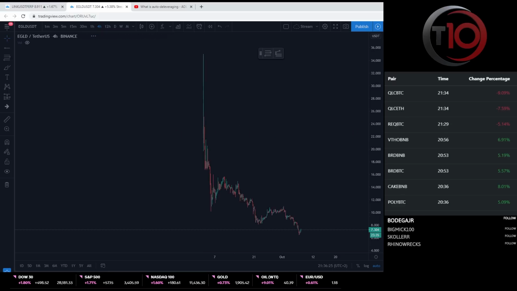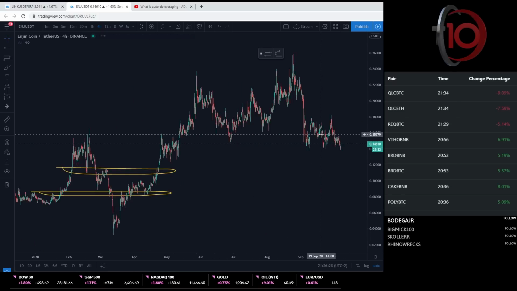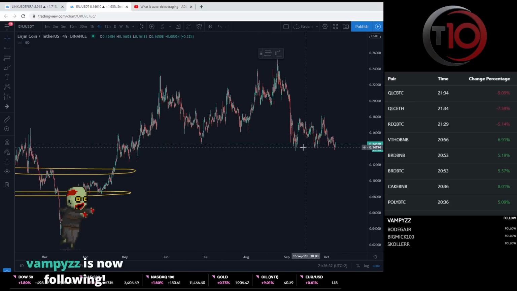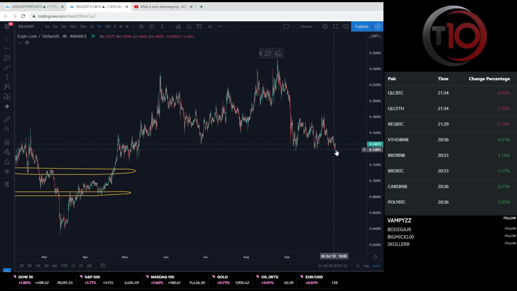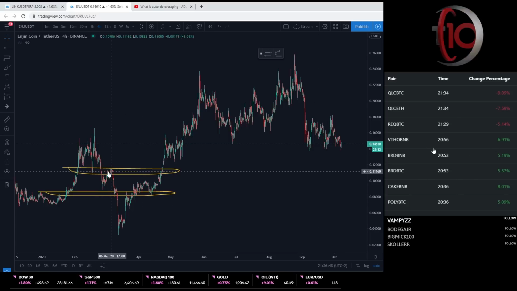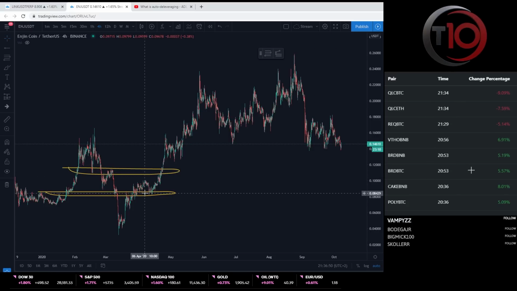ELG looks like, yeah, I think this one also needs to prove something. Just trying to hold this area. If it cannot gain quite soon now, it's probably going back to the next level. I would guess either here or here, depending on what Bitcoin is doing.